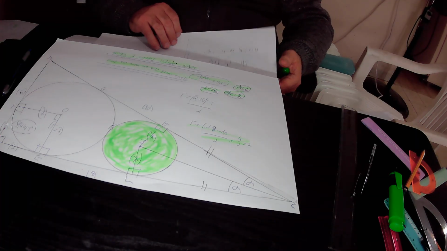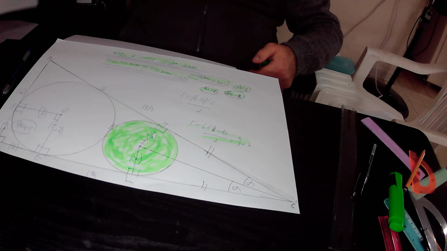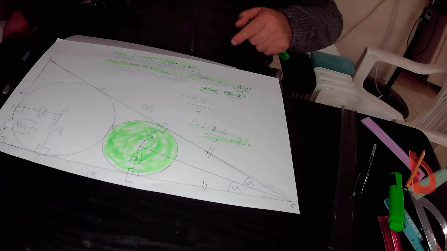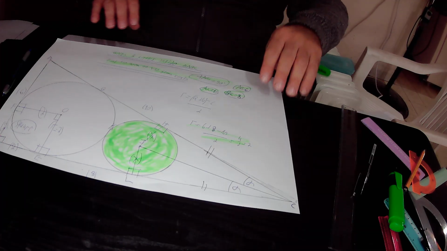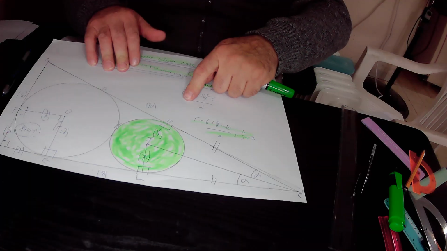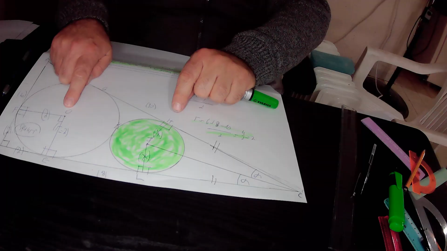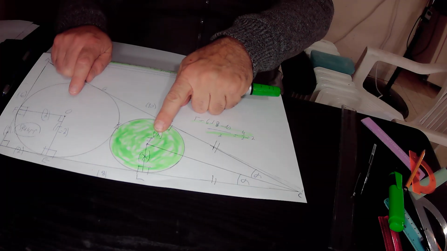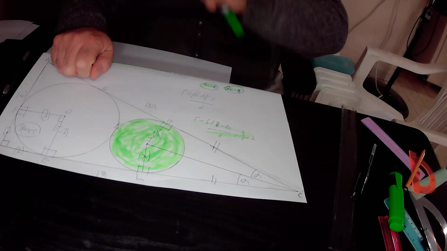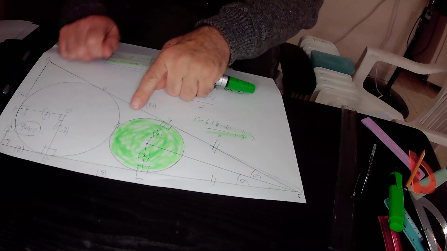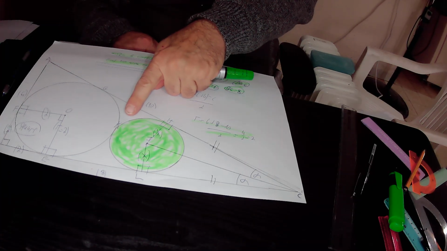In the next step, we will join points. Actually, before that, point O is the center of this big circle, point J is the center of this green circle, and point K is the touching point of those two circles.